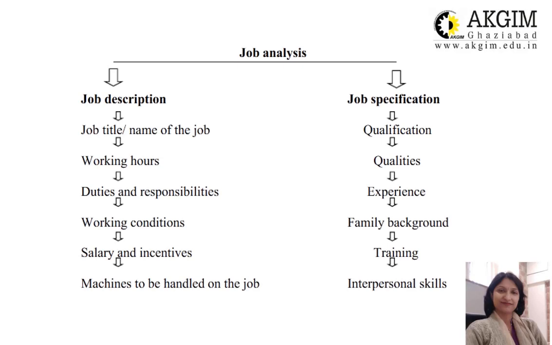Desirable attributes are the qualifications which are desired. They might not be a must, they might not be a prime requirement, but they are desirable, specifications which a person ought to possess. And then finally we have contraindicators, that means attributes that will become a handicap to successful job performance.